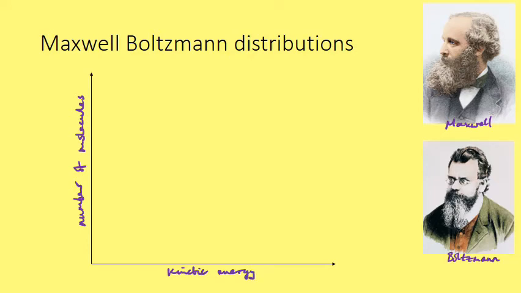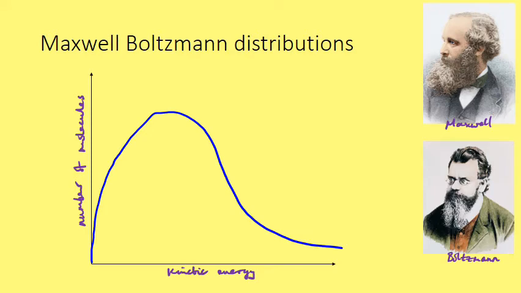So low kinetic energy on the left and high kinetic energy on the right, obviously, and small numbers of molecules at the bottom and a large number of molecules at the top. And we're going to draw a curve, let's draw a curve in blue. So I'm going to attempt to draw a curve here. That's sort of right, that's okay.